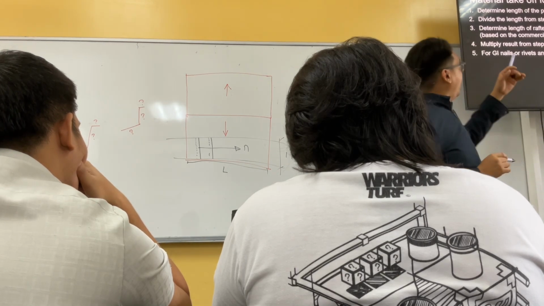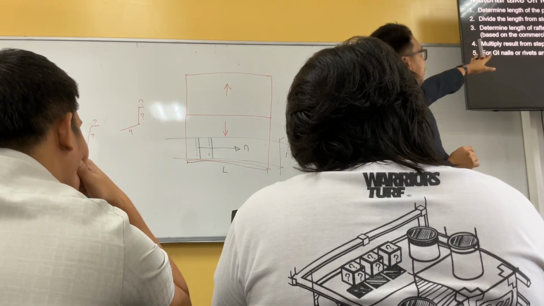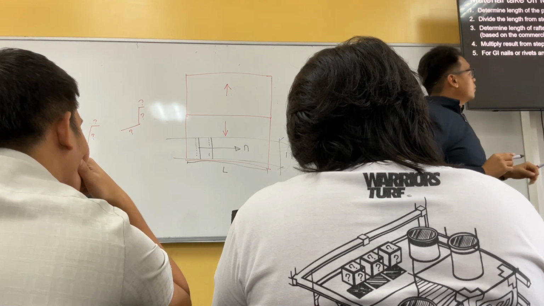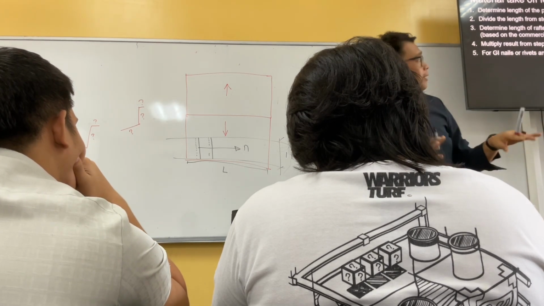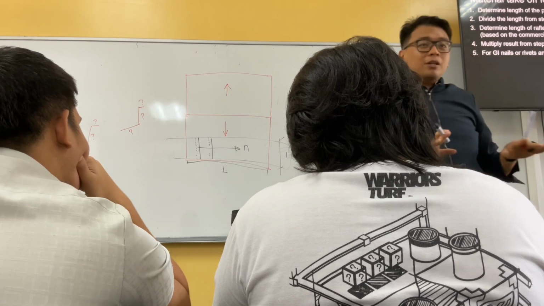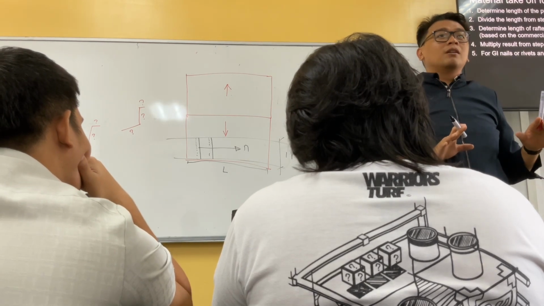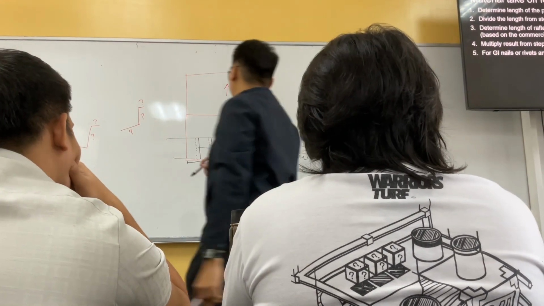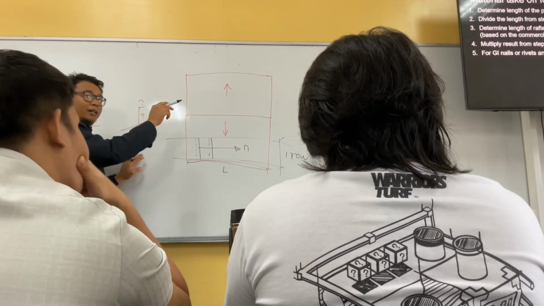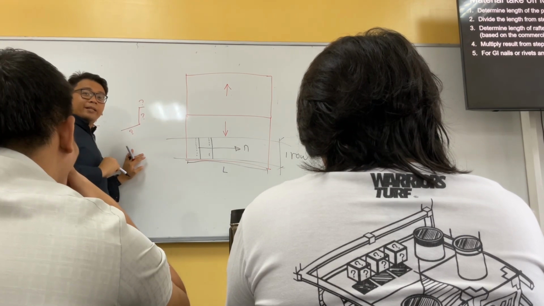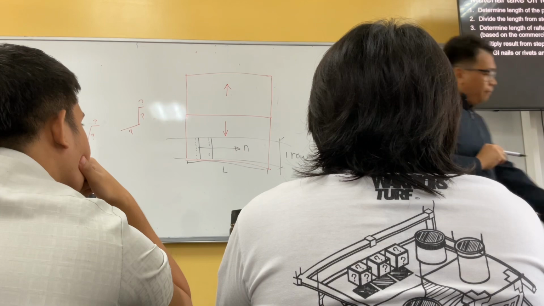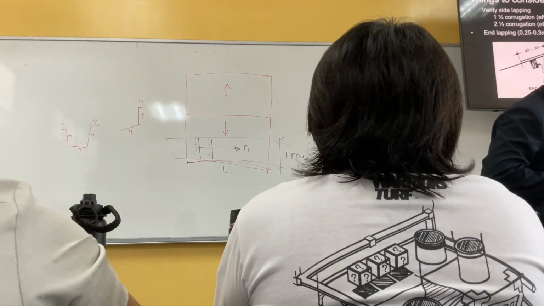Now for step 3, determine the length of your rafter or top chord and choose the right combination of roof lengths. For example, it is 3.6 meters, right? Or from 5 to 3.6.